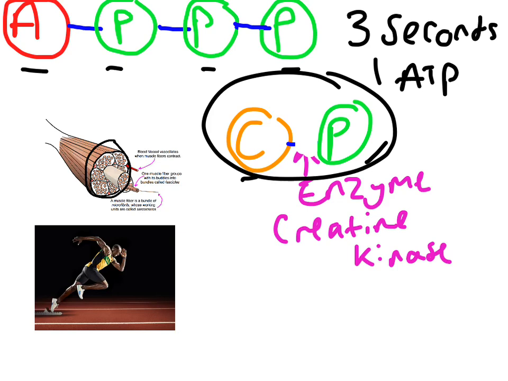And so those activities only last for around 10 to 12 seconds. So they require immediate energy, and they are explosive activities. Okay, so they only last for 10 to 12 seconds, so not very long at all.